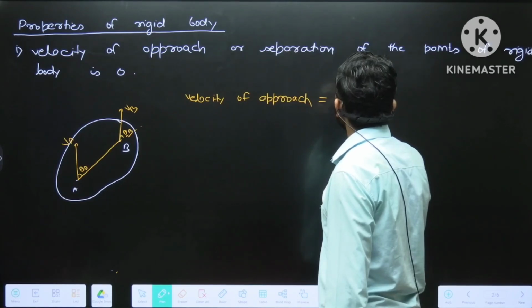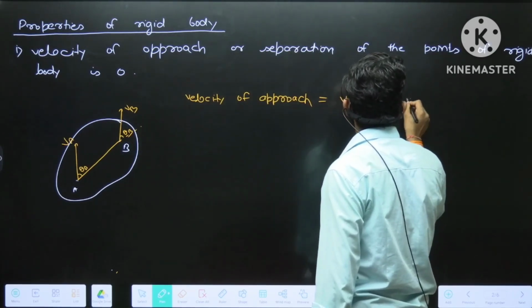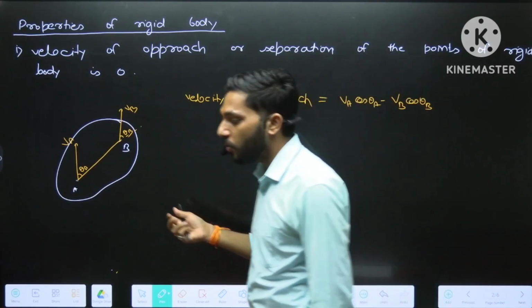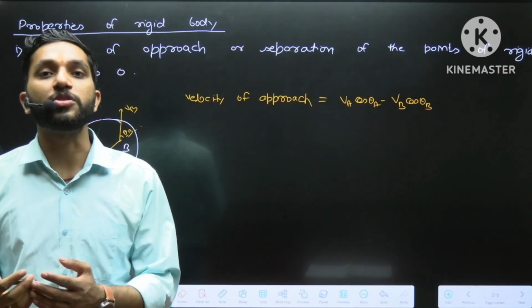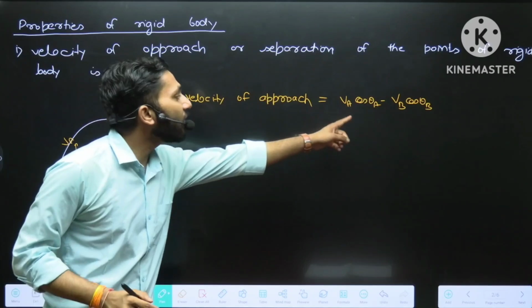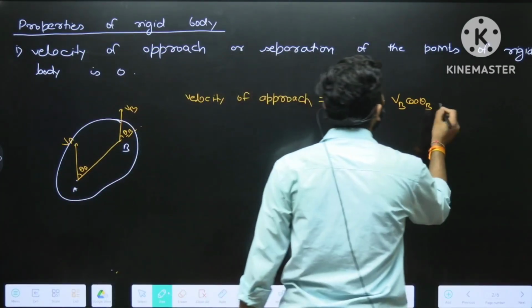VA cos theta A minus VB cos theta B. Because when we are talking about approach or separation, we take the component of velocity along the line joining A and B. So VA cos theta A minus VB cos theta B must be 0.